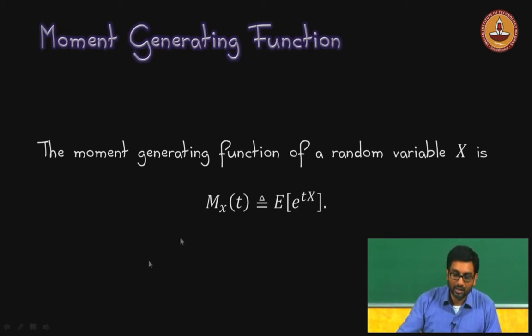It is denoted M_X, by the way this has to be a capital X. M_X of t is defined as the expectation of e to the t x. This is exactly what we want, a well defined notion, the moment generating function. Let us try to understand this object.